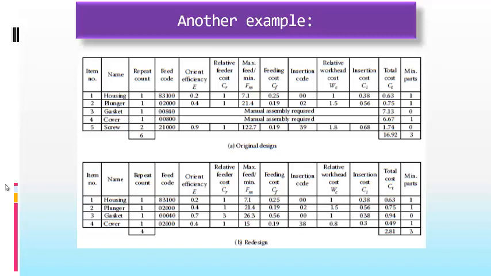In the other one you have 0, 0, which means those parts can be eliminated. On the other one, only one part can be eliminated, and the other parts are real parts which we cannot eliminate. But you find here the cost of assembly is $2.81, and that is a drastic reduction in cost.